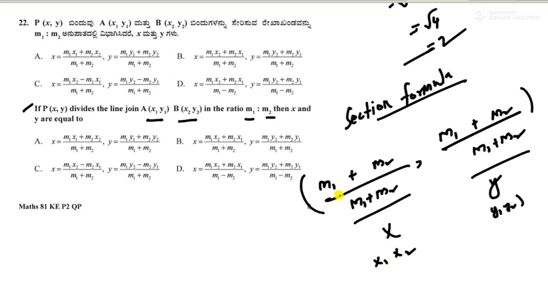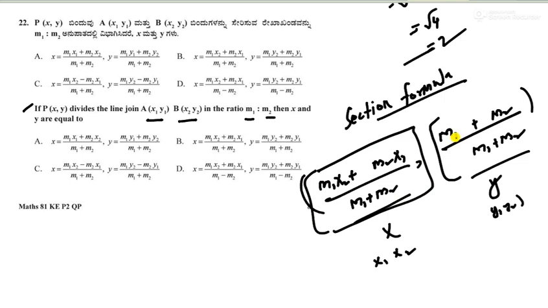How? See, whenever you have m1 you write there x2, m2 you write x1. So this becomes the value for x. Now same for y also, whenever you have m1 you write y2, m2 write y1. You write in the left side or right side, it remains the same. So now look, this becomes the formula. This is for x, m1 x2 plus m2 x1 divided by m1 plus m2.